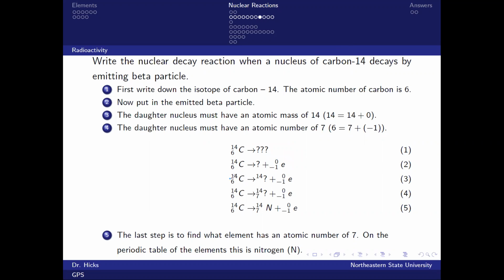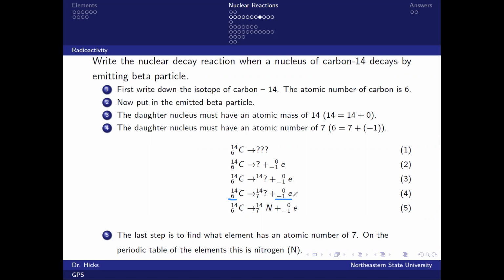Total atomic mass on the left is 14. The beta particle contributes 0. So my missing particle has to have an atomic mass of 14. I start off with an atomic number of 6 on the left. The beta particle contributes -1.